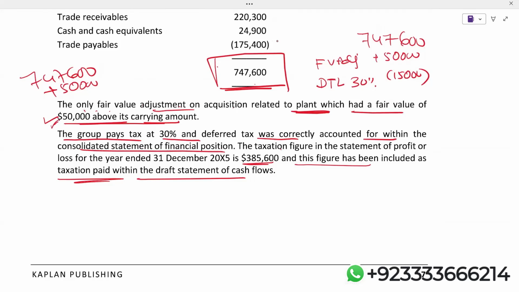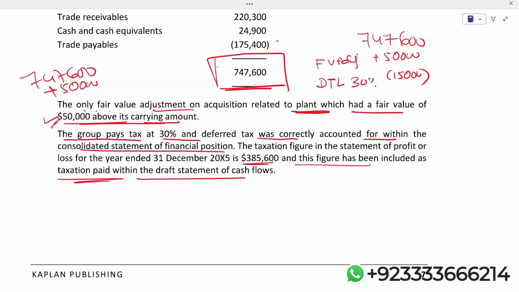We can see that the fair value adjustment relates to a depreciable asset. Of course, we know that on a depreciable asset, there will be additional depreciation on fair value adjustment. But exactly what is the amount of additional depreciation on 50,000? The examiner has not given us the remaining life of the plant. That is why we are unable to calculate the depreciation amount which comes due to this 50,000.